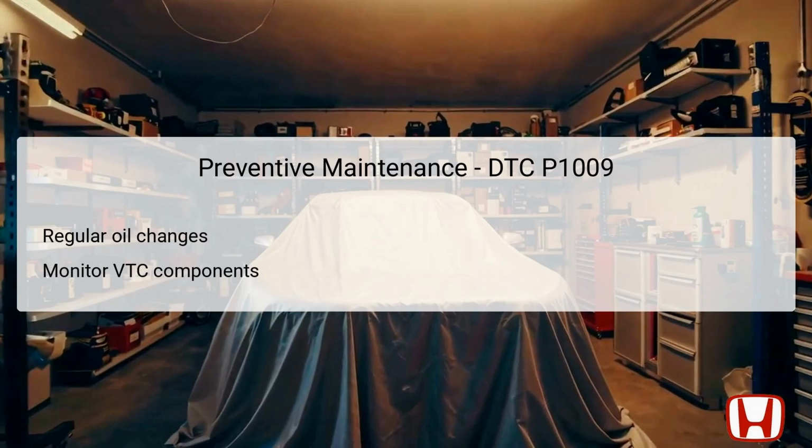It's advisable to include checks on the VTC strainer, solenoid valve, and actuator during routine inspection intervals. Keeping an eye on engine performance also allows for prompt action should any symptoms arise again. Preventive maintenance is not only cost-effective, but also significantly extends the lifespan of vehicle components while enhancing overall performance.